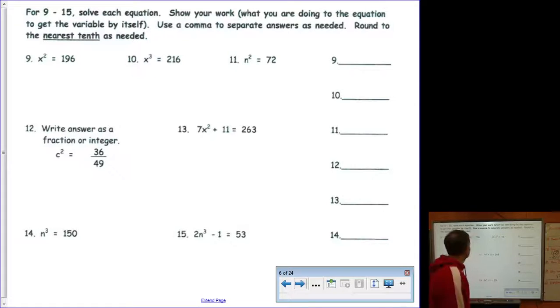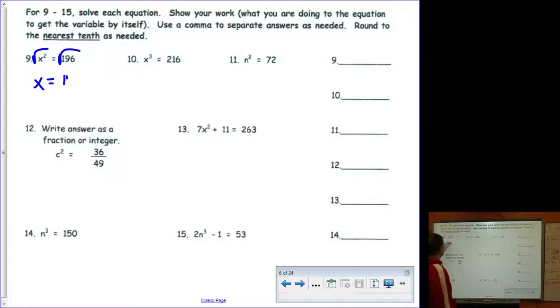And that takes us to the solving equations, which is still finding square roots and cube roots. Here I would take the square root of both sides, and I would find out that x equals 14 or negative 14, because square roots have 2 answers.